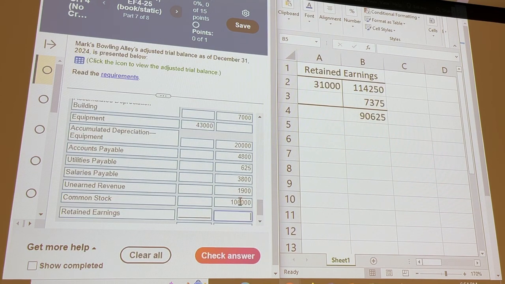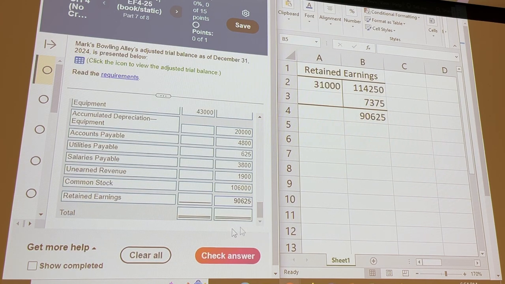So that's what we want to enter here in our post-closing trial balance for retained earnings. The tendency might be to just copy retained earnings from the adjusted trial balance, and if you do that, it's obviously going to be wrong. So now, if we add up our total debits and credits, they should each come to $234,750.